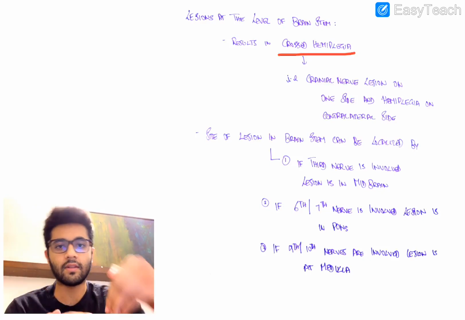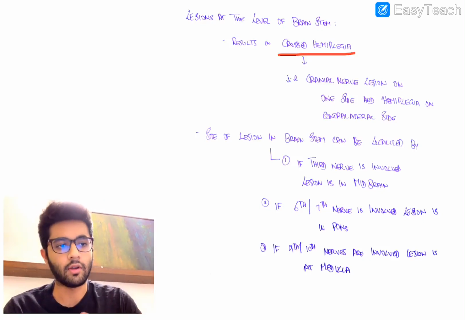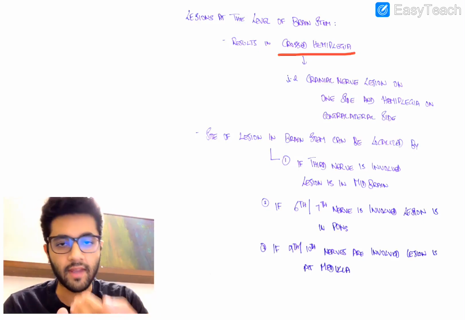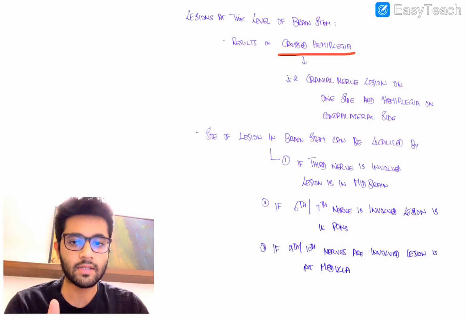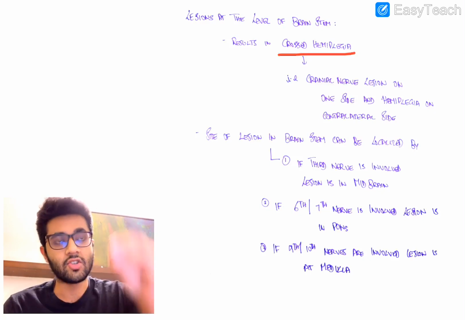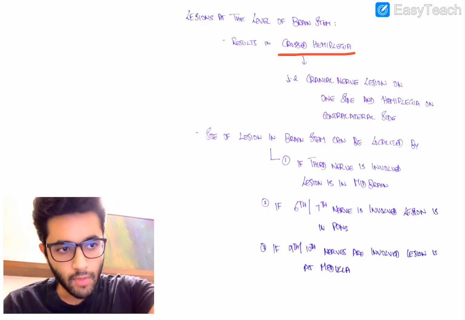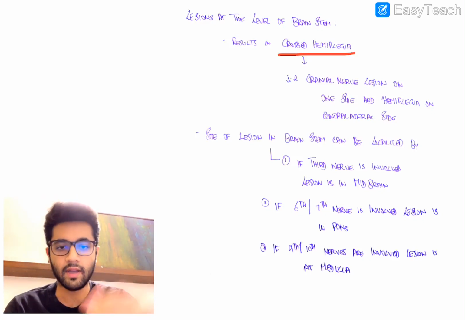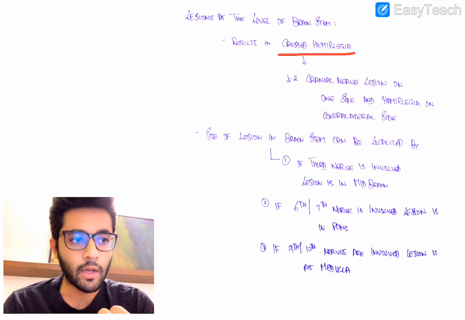Okay, then we come down. The 6th and 7th nerve, the abducens nerve and the facial nerve, are present at the pontine level. So if there is involvement of the face and opposite side of the body, then you know there is a lesion at the level of the pons. And lastly, at the level of the medulla, the 9th and 10th nerve nuclei are present.